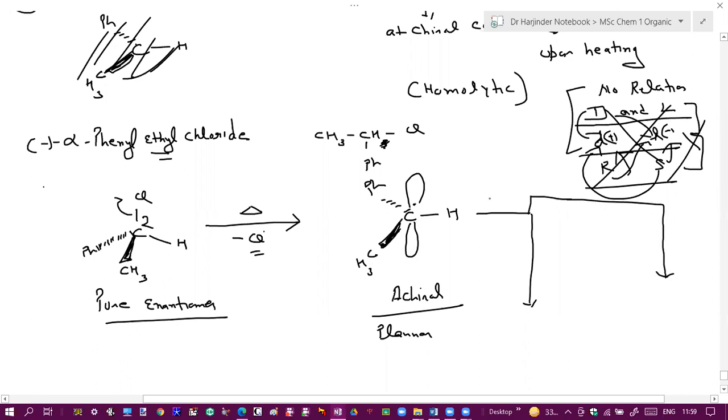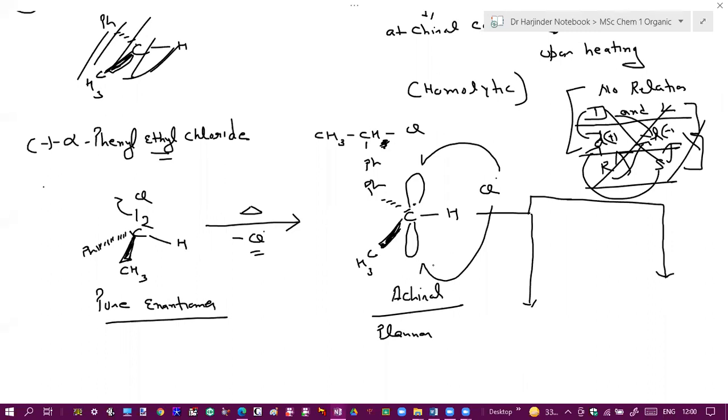Since this chlorine radical has a planar geometry, it can attack from above or below, and there is no preferential position, so attack from both sides will be equally probable.